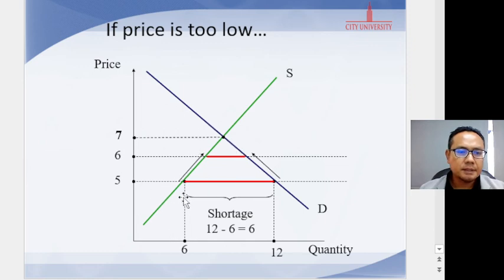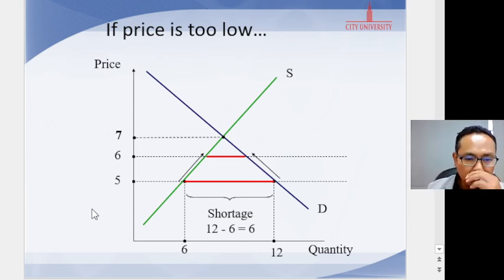Geometrically, we can see this in an example figure. If the price is too low, the quantity supplied will be less than the quantity demanded, so we get a shortage here.